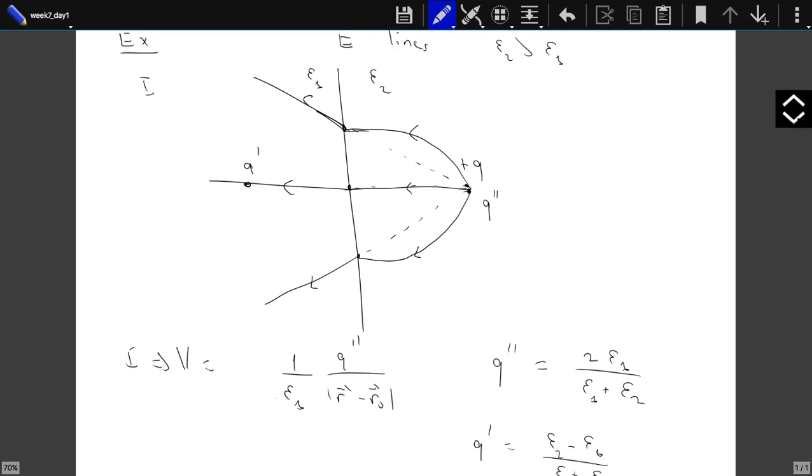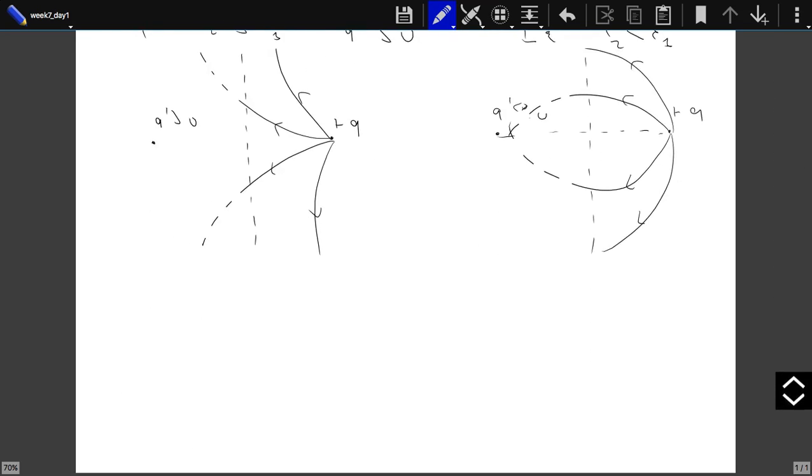Remember, these are the E lines. And you see that at the interface, the electric field is not continuous.